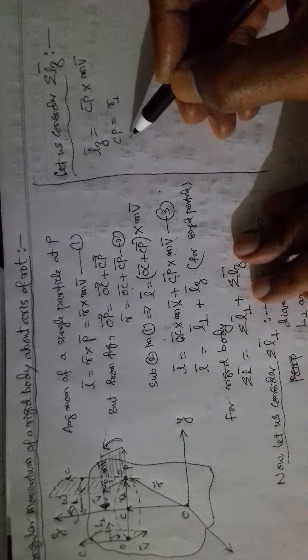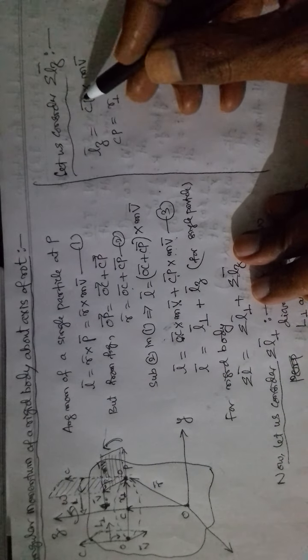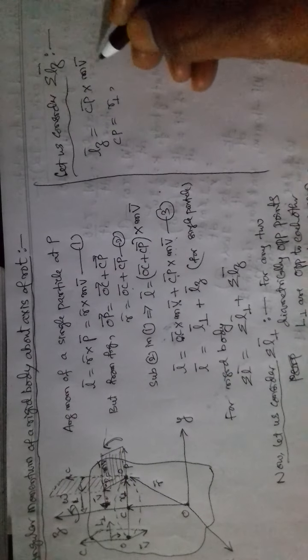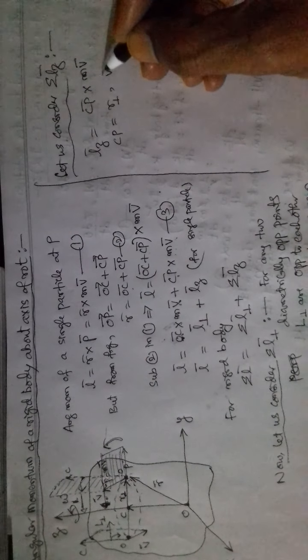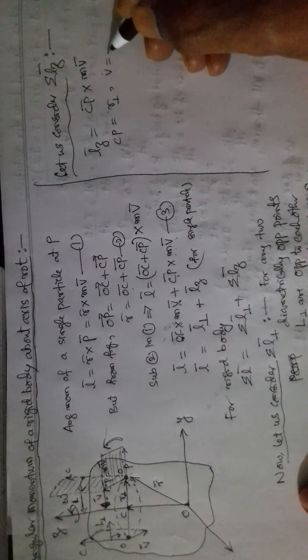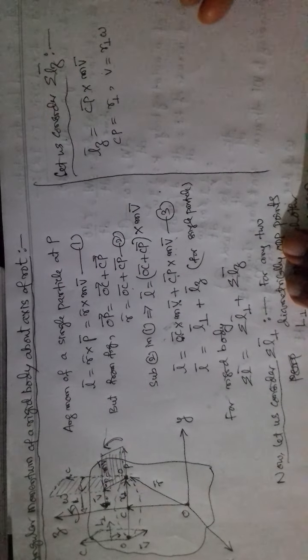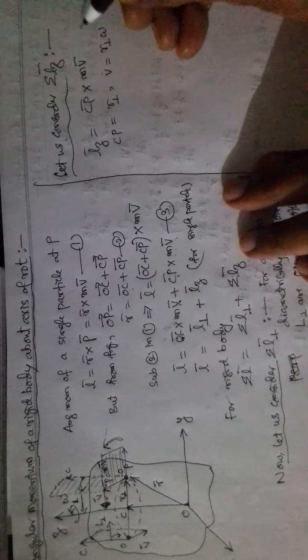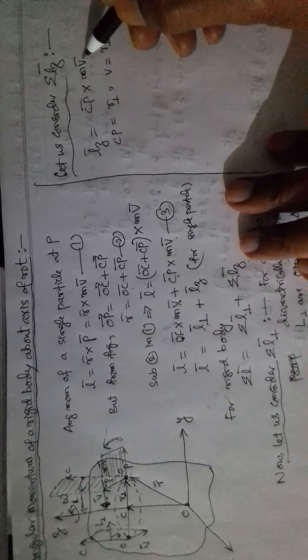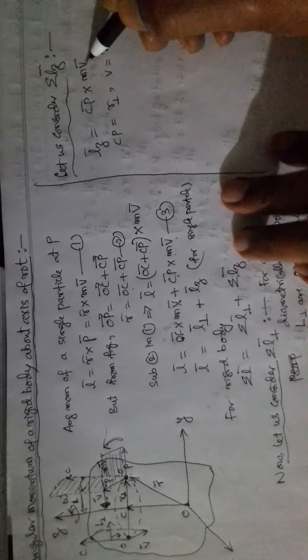Now let us consider magnitudes. Cp is a vector here, its magnitude is r perpendicular, and V is a vector whose magnitude is V equal to r omega. The cross product of these two vectors is along the z axis, and along the z axis the unit vector is k.